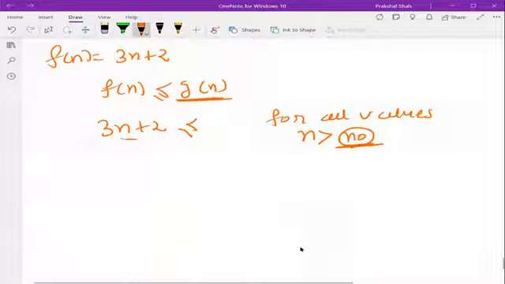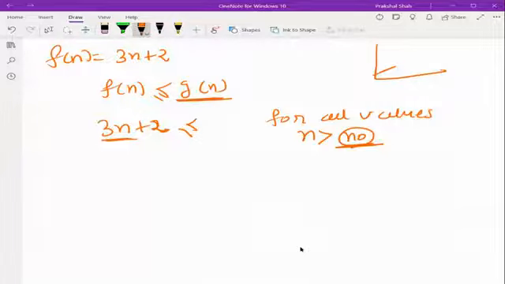Here it is given 3n, which is linear complexity. If you see the graph, it looks like this, and g of n would also look something like this.